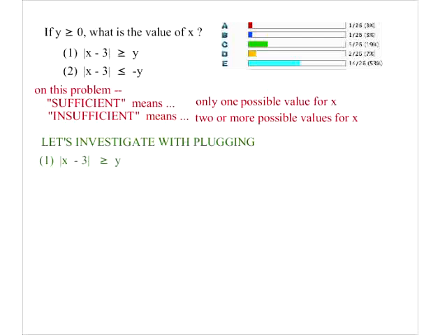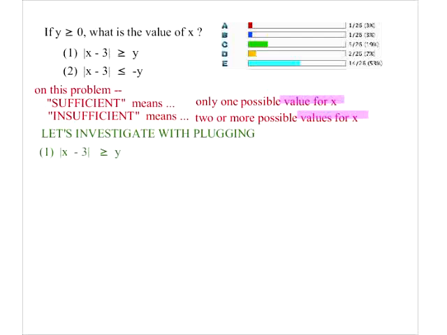So when you plug, what's important to realize here is what you're trying to do. You're looking at values of X, and so that's your goal. Your goal is to try to get different values for X. When you're doing algebra it's a little bit different, but with plugging, your goal is to try to get two or more values for X. And if you can't, then you give up and say sufficient.